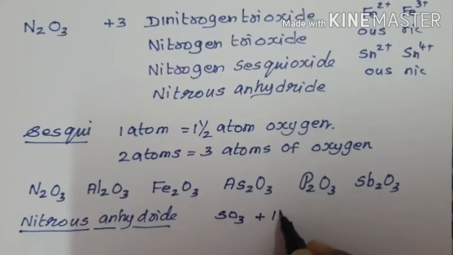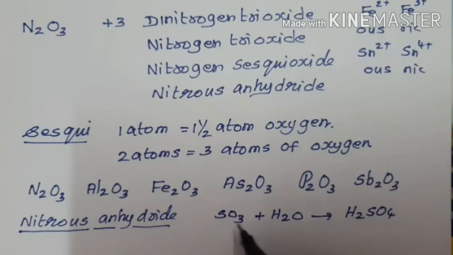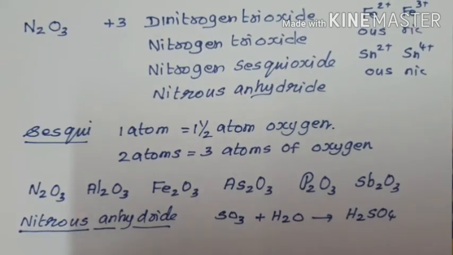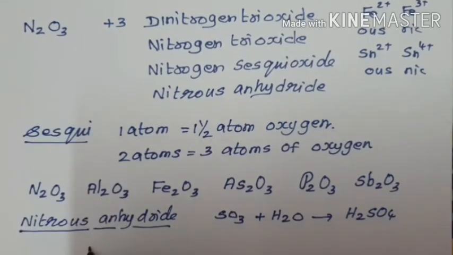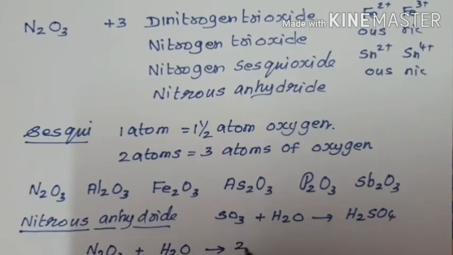If you add a water molecule, you will get the acid. So acid loses one water molecule, and the SO3 is called anhydride of sulfuric acid. Then next, N2O3, dinitrogen trioxide or nitrogen trioxide, when dissolved in water forms nitrous acid, HNO2.